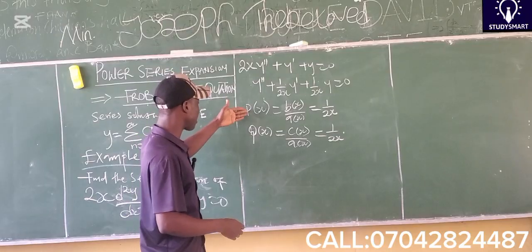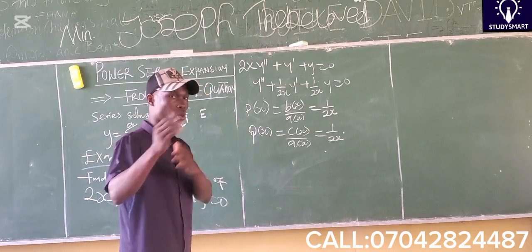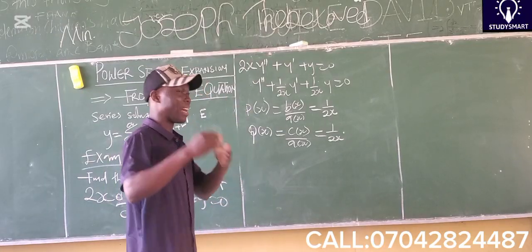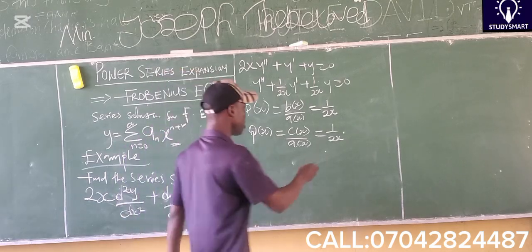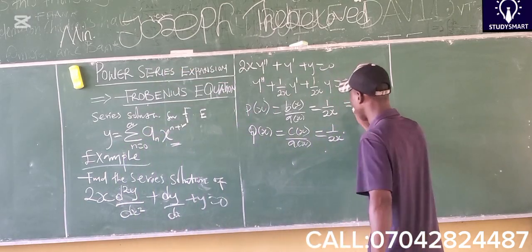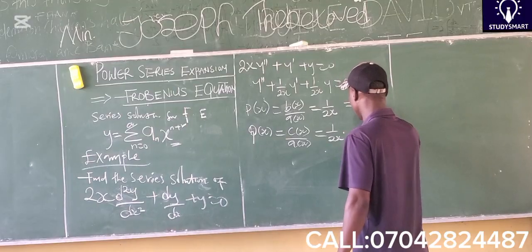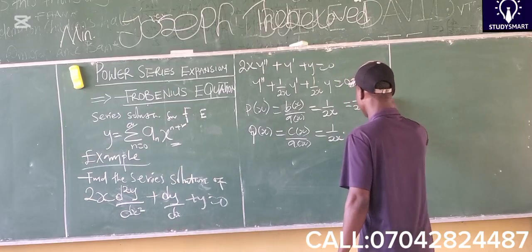But if p of x and q of x at x equal to 0 give you an infinite solution, that means the point is a singular point. If I substitute 0 into this, I'm going to have 1 over 2 times 0, which is going to give me 1 over 0.